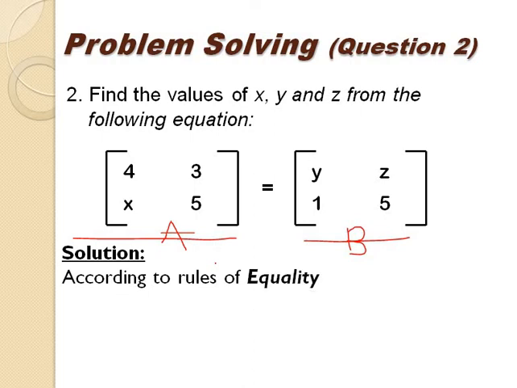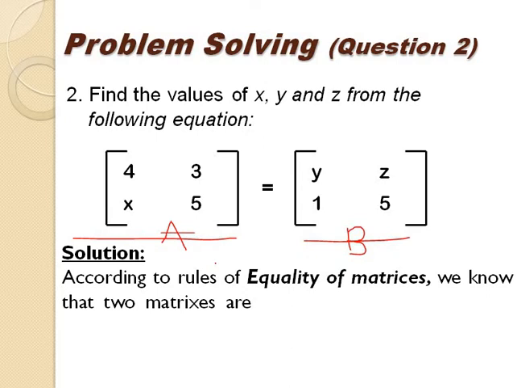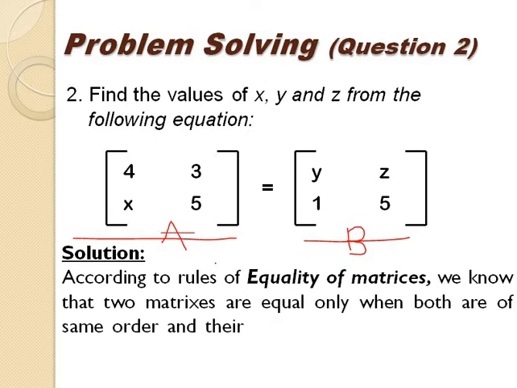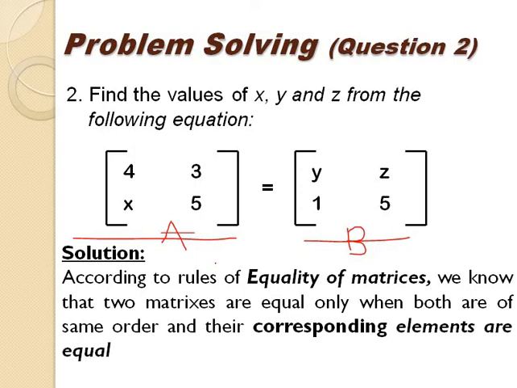If we remember, according to the rule of equality of matrices, two matrices are equal only when both are of the same order and their corresponding elements are equal. That means if the corresponding elements of two matrices of the same order are the same, then both matrices are equal. Here we are doing the reverse.